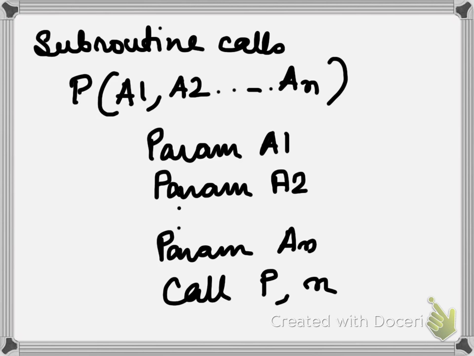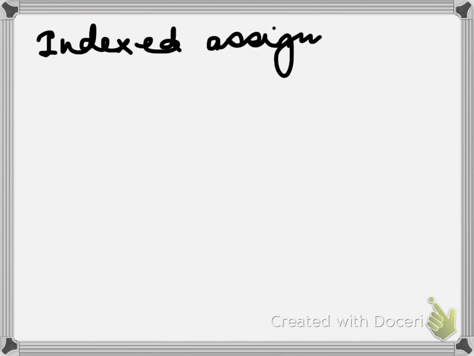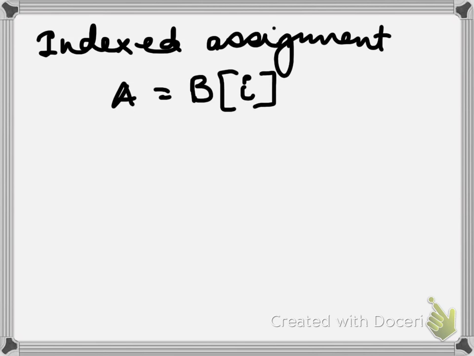So this is the three address statement for a procedure call. Then you can have array indexing, that is indexed assignment. So I may have something like this: A is assigned b[i], or a[i] assigned b. These are all three address instructions.